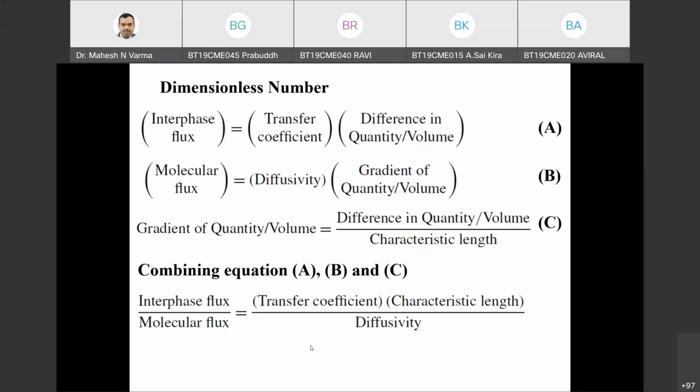So hd by k. What is that dimensionless number? It will be the Nusselt number. Similarly, in mass transfer, what will be the dimensionless number? So Kc into L divided by D_AB. What is that dimensionless number called? Sherwood number, or it is also called the Nusselt number for mass transfer.